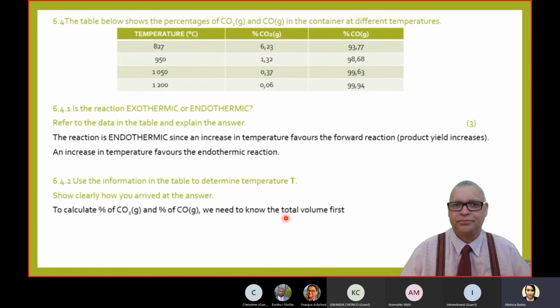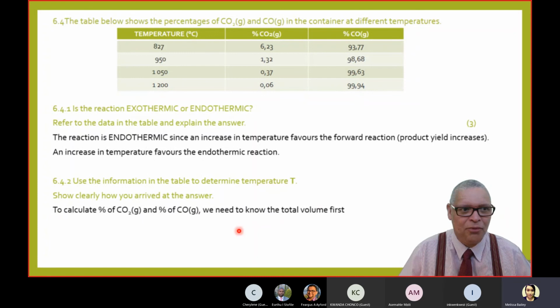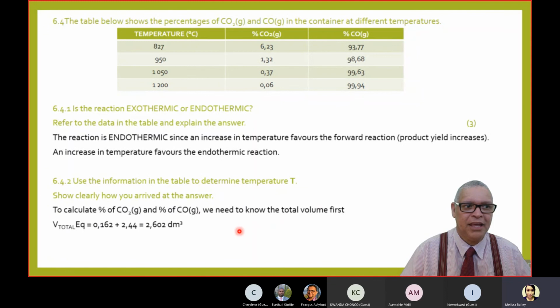Well, how do we do that? To calculate the percentage of carbon dioxide gas and the percentage of carbon monoxide gas, we need to know the total volume first. Very, very important, right? We need to know the total volume first.